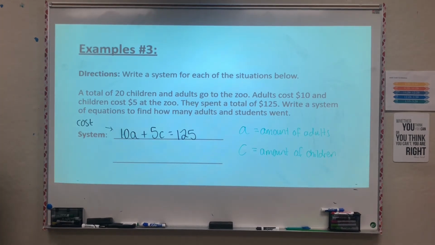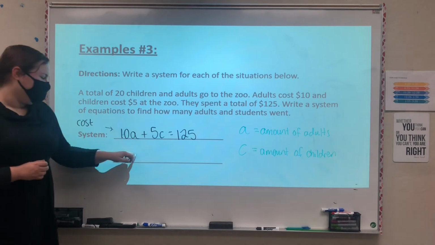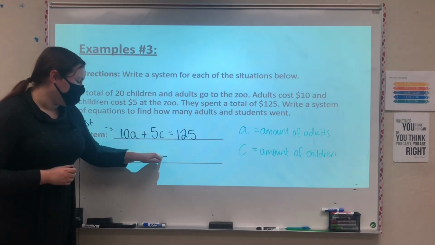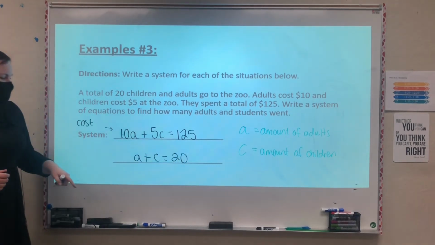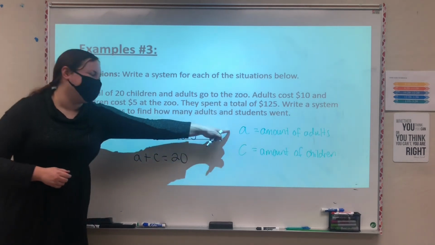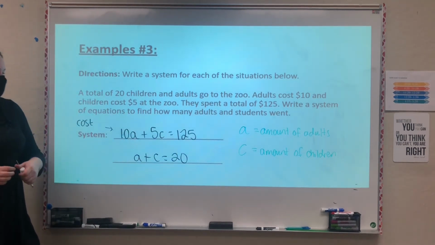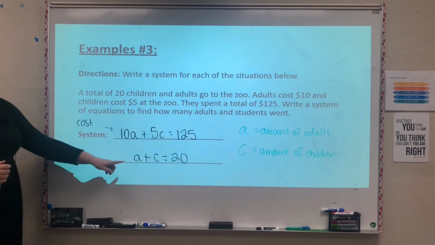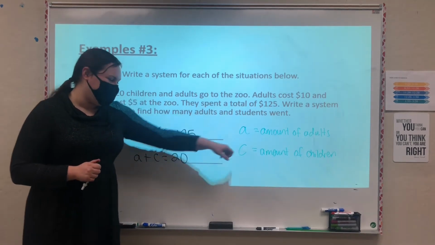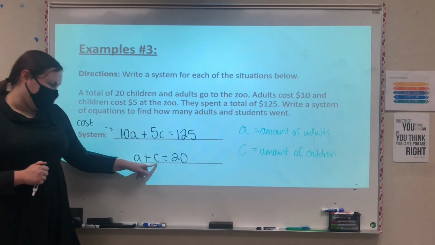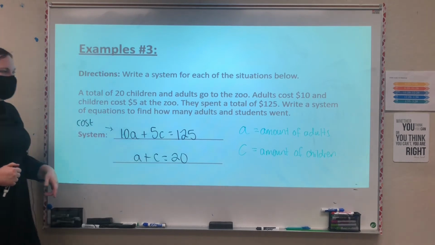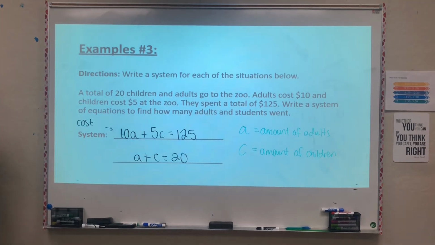Can it just be A plus C equals 20? What's that equation telling us? The amount of adults plus the amount of children equals 20 total people. Yeah, and I like how you went back to what you had said for those variables. You said the amount of adults plus the amount of children is 20 total. You did really well with this.